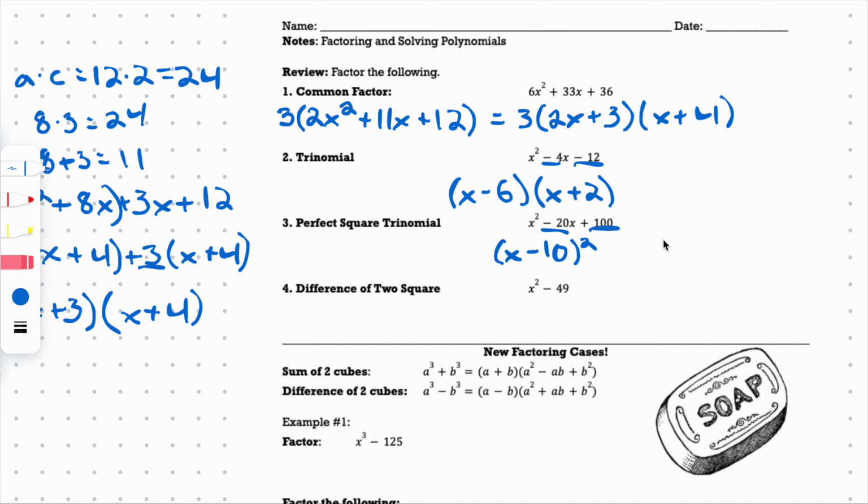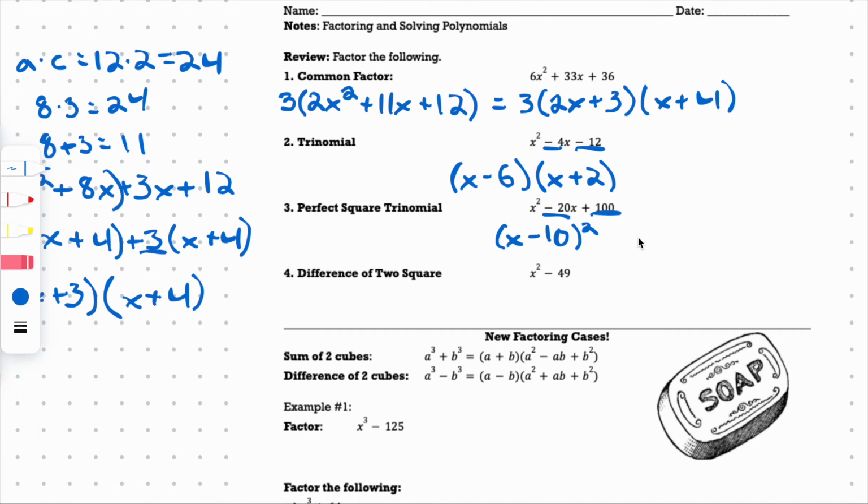Okay? Sorry. And then we also have the difference of 2 squares. So this is where our b value is 0, so we don't have a b term. And this is where our first term will have x squared or something. And then our second term, our c value, will also be a perfect square, and there has to be a minus sign in between.